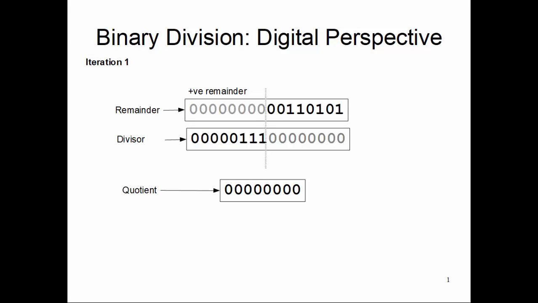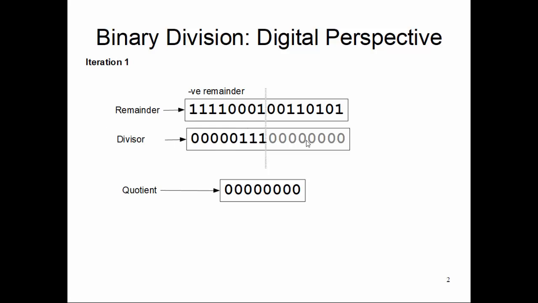Now, in iteration 1, as shown in this demonstration, we first do a subtraction of the divisor value from the remainder value, all 16-bit. Of course, in the very first step, the subtraction result is going to be negative. By the way, we are assuming we are representing these values in 8-bit 2's complement format.